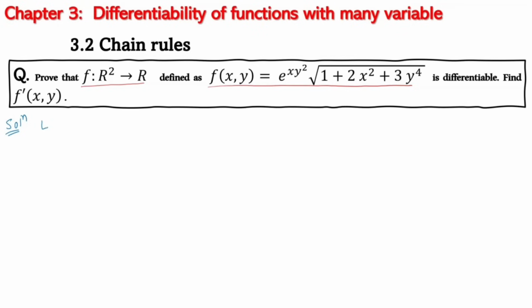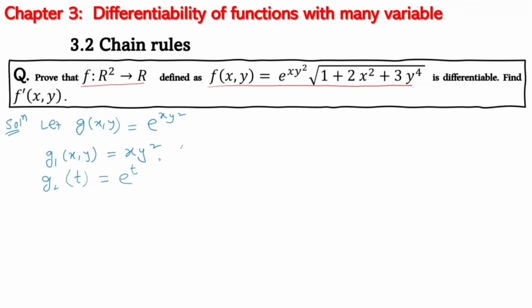So we take two functions. So let g of xy be equal to e to the power x y square, and then we define g1 of xy equal to x y square, and g2 of t is equal to e to the power t.